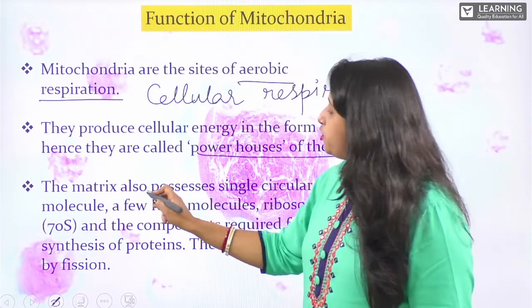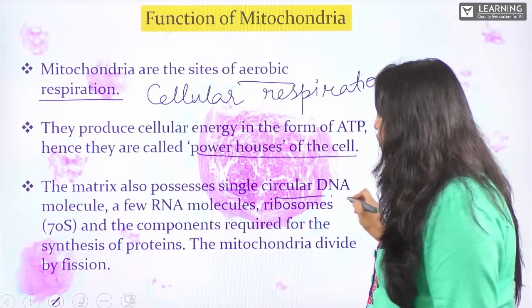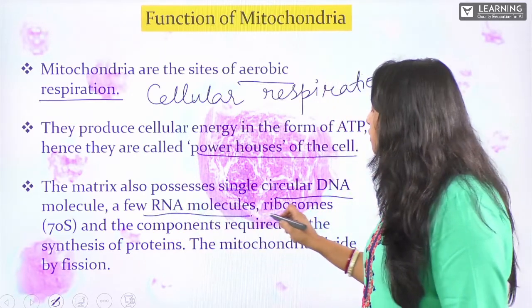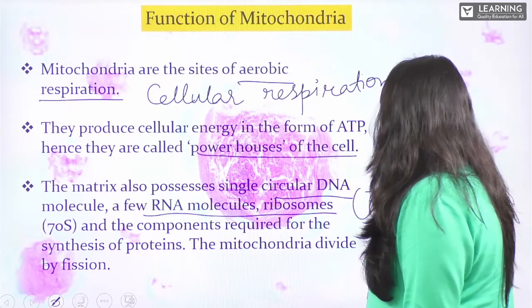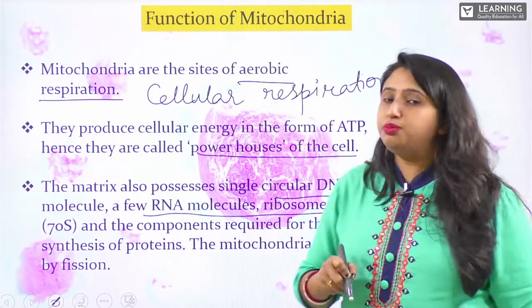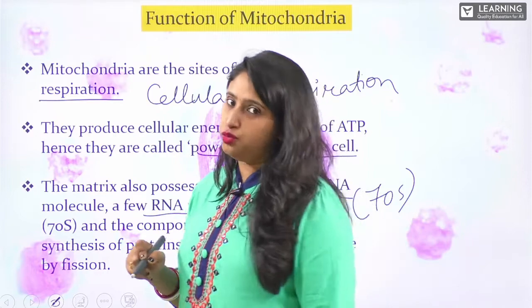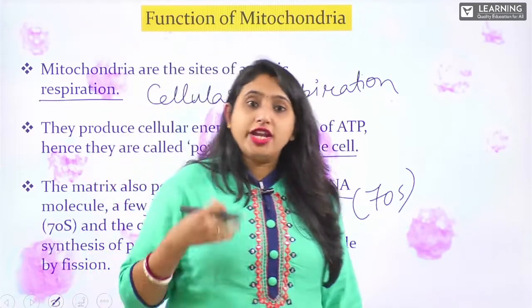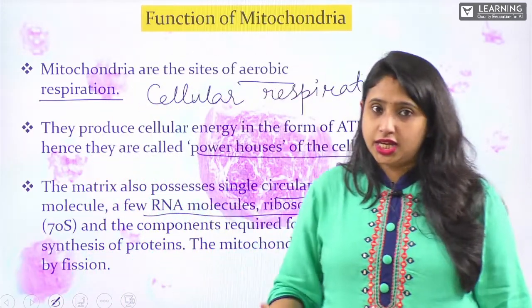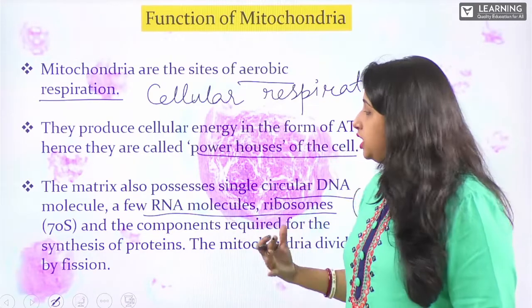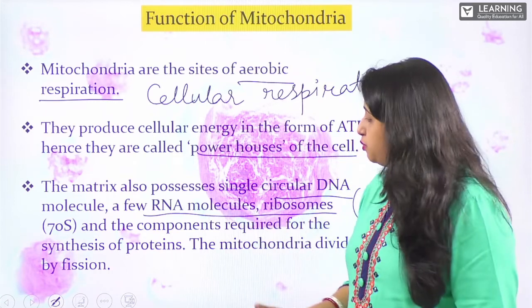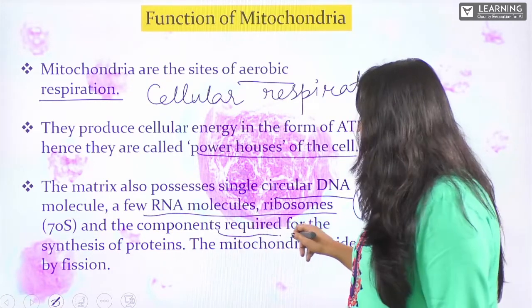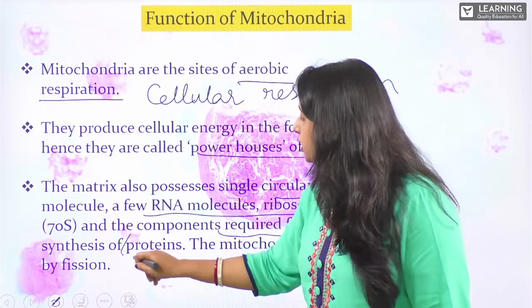And the matrix also possesses single circular DNA and few RNA molecules. Mitochondria have ribosomes, that is 70S ribosome. In the matrix, we find the DNA, and also few RNA molecules and ribosomes, and the components required for the synthesis of proteins.